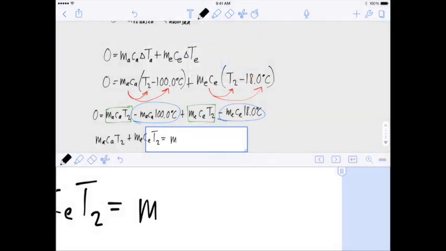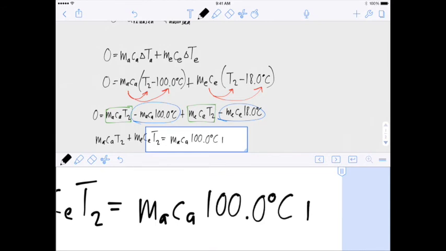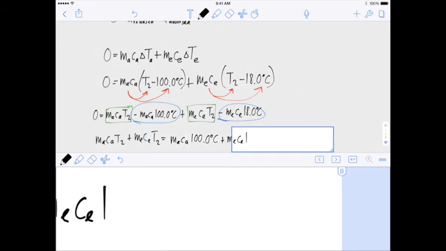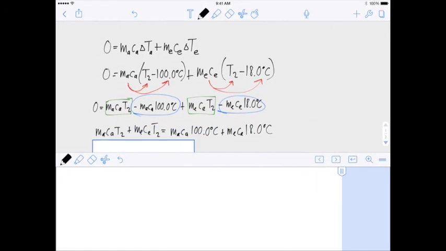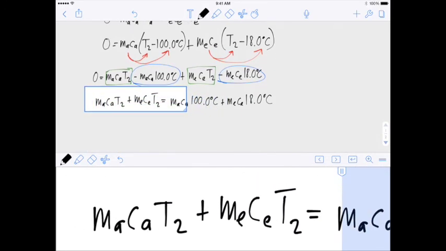So we have MACA 100 degrees Celsius plus MECE 18 degrees Celsius. So we've collected like terms on the left-hand side. We have T2 in 2 spots.